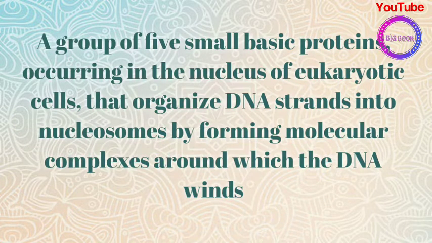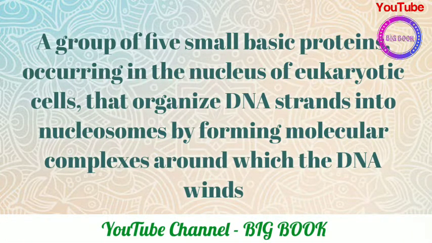Histones are a group of 5 small basic proteins occurring in the nucleus of eukaryotic cells that organize DNA strands into nucleosomes by forming molecular complexes around which the DNA winds.